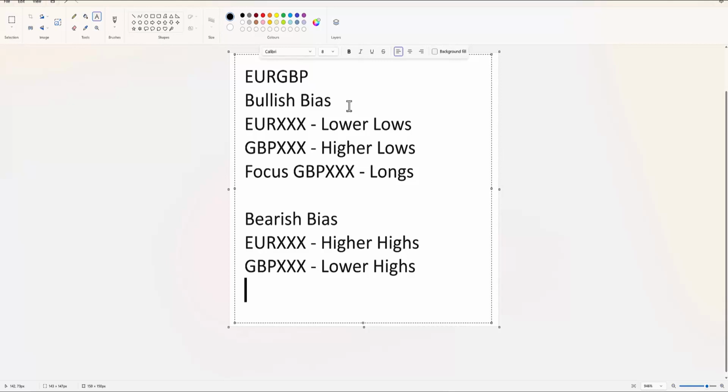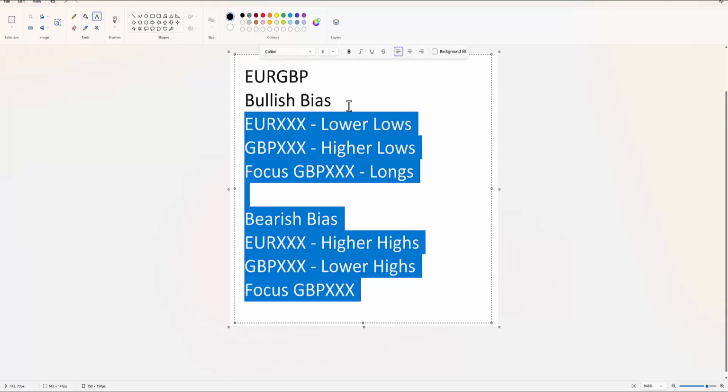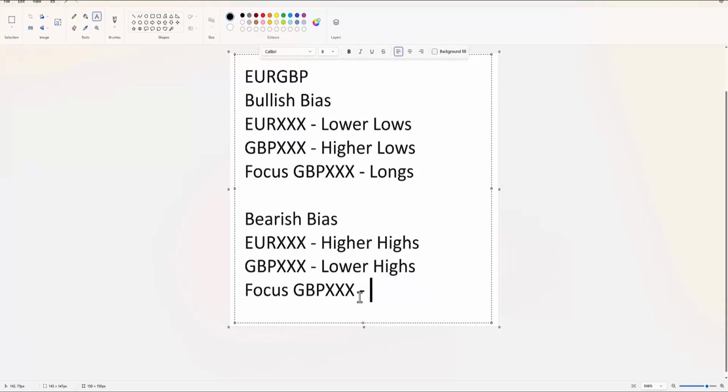So your focus here is going to be on shorts on GBP pairs. So this can be, say, pound CAD, pound AUD, pound NZD. When you have Euro USD forming lower lows at a time when pound USD is forming higher lows.